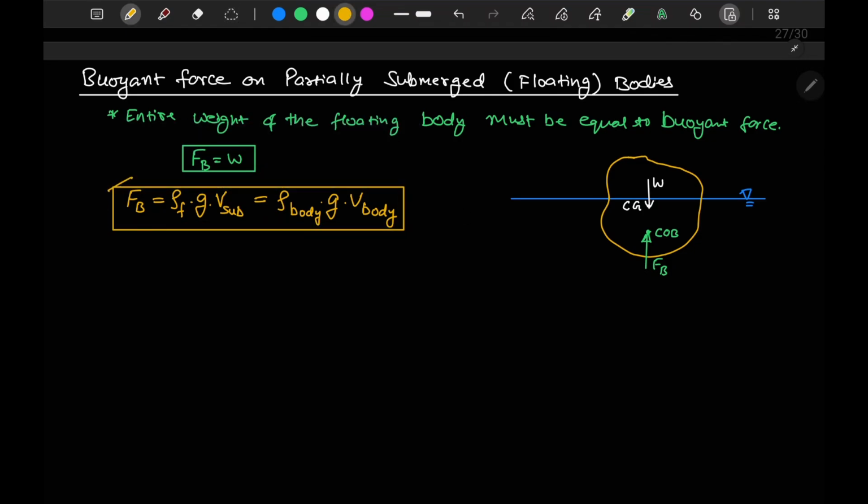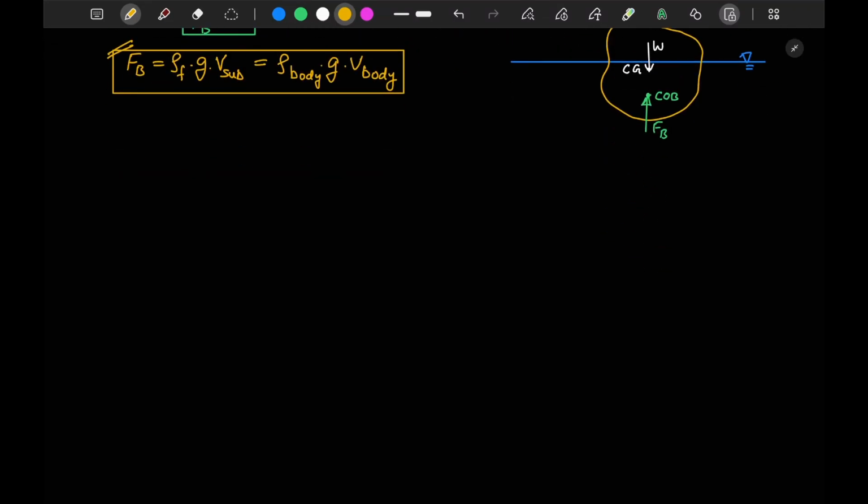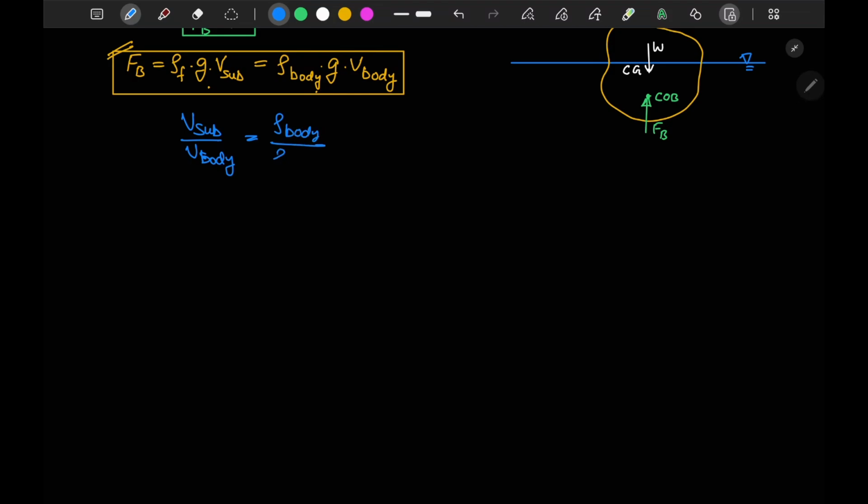Now using this point, if we compare both of these, we will obtain that volume submerged divided by volume of body is actually the ratio of density of body to density of fluid.